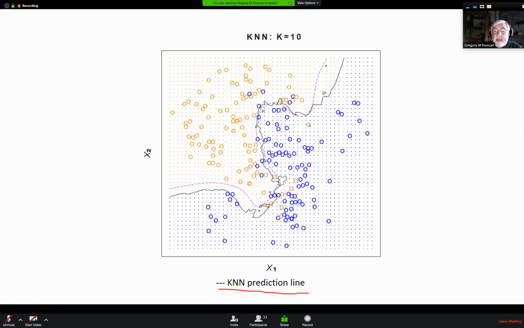So there are misclassifications, but this black line doesn't really look that bad.